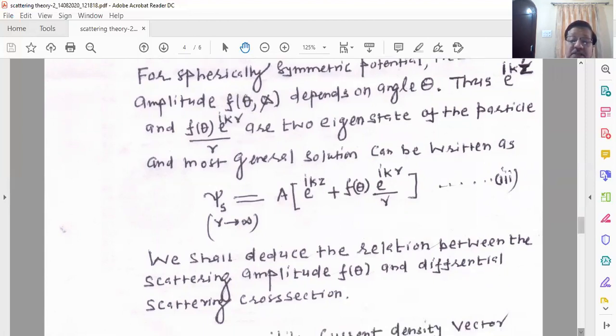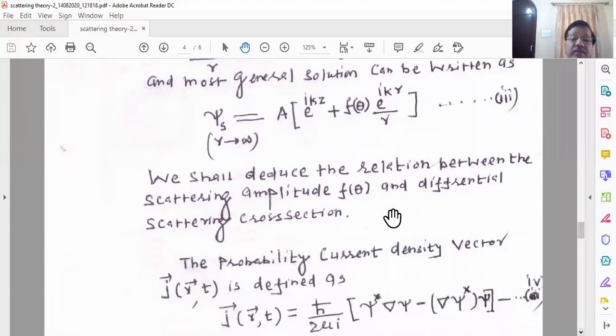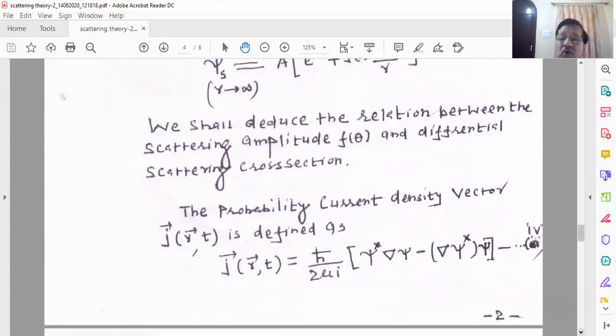Now look at this expression, we want to find the expression for the scattering cross section. So we will do some algebraic calculations. Let us work out an exercise. As you know, when you studied the Ehrenfest theorem and the conservation of probability density, you derived the expression of a probability current density vector.